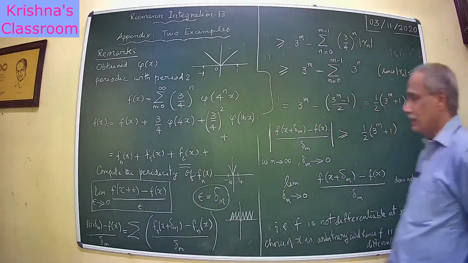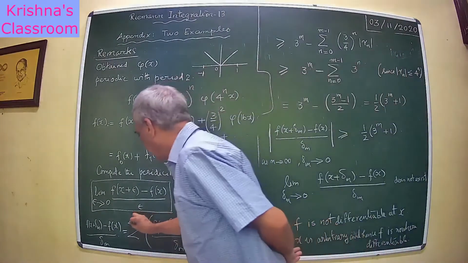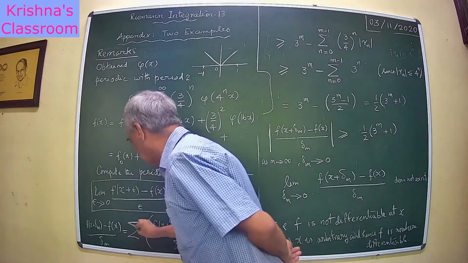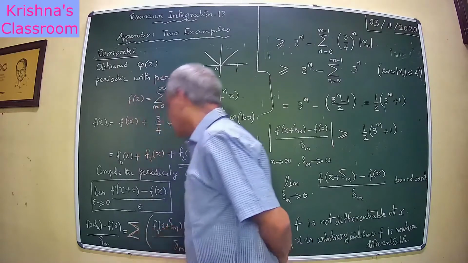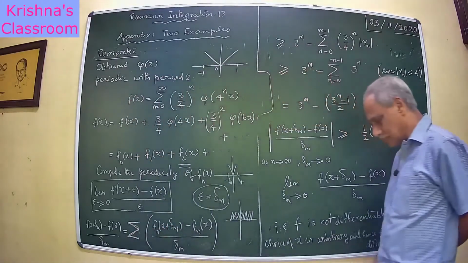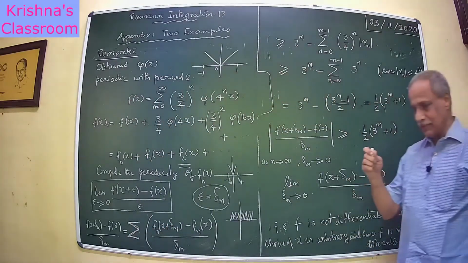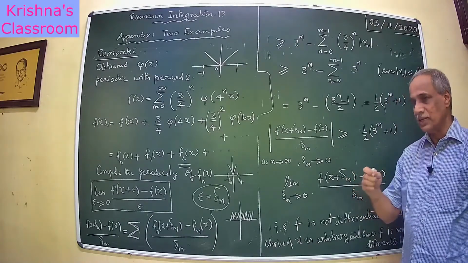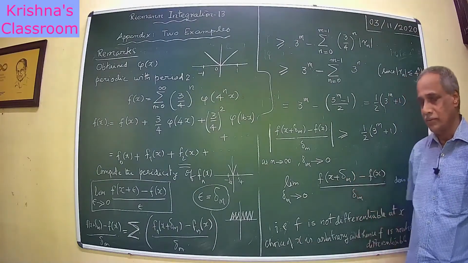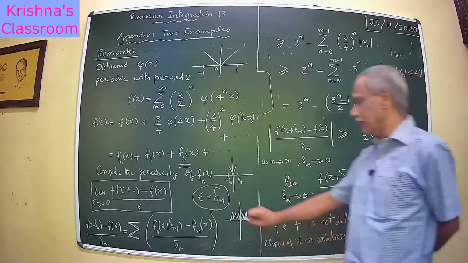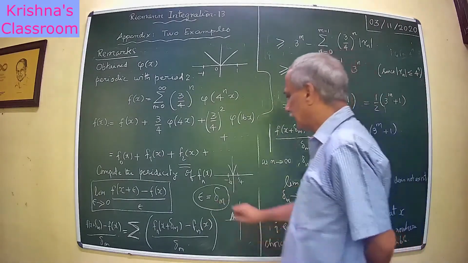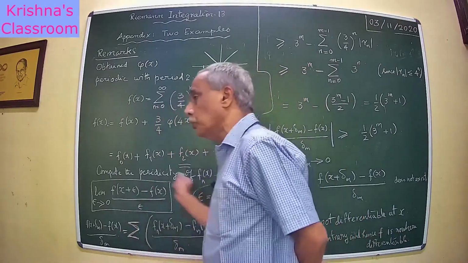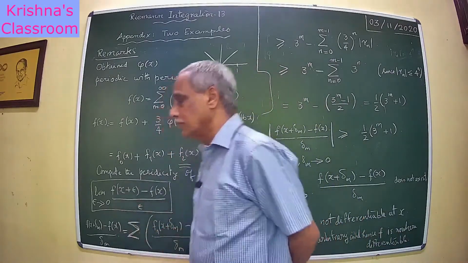Now you see that we have chosen this because we have the periodicity of these functions readily available. So our task is to choose the sequence delta m appropriately. What you do is choose delta m in such a way that this infinite series will reduce to a finite sum.